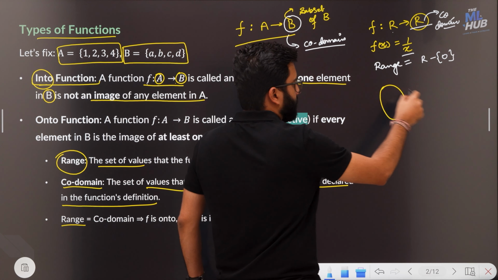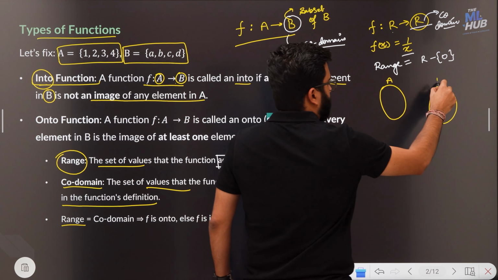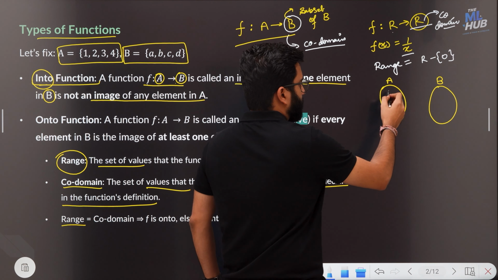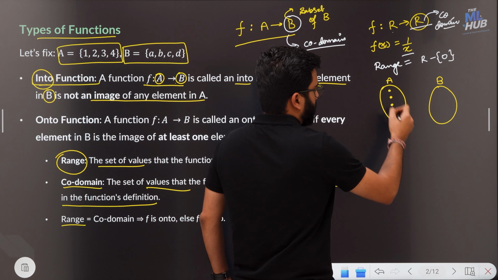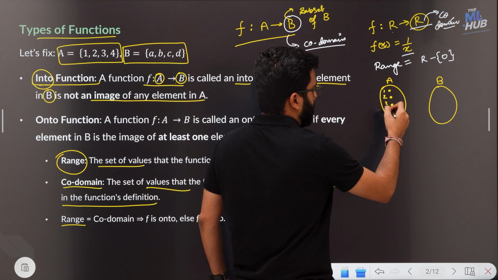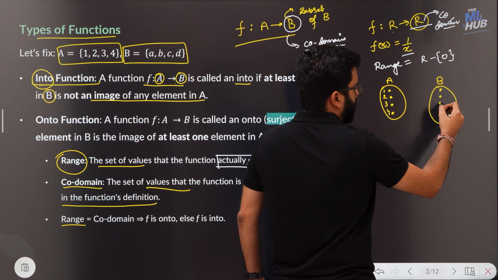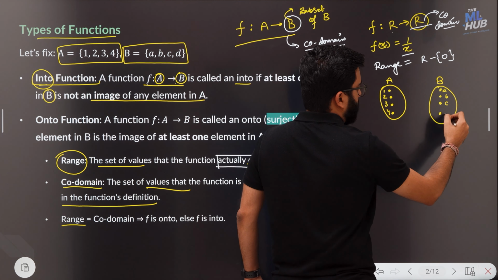So let's assume these are two sets, A and B. A has 4 elements 1, 2, 3, 4, and B again has 4 elements a, b, c, d.